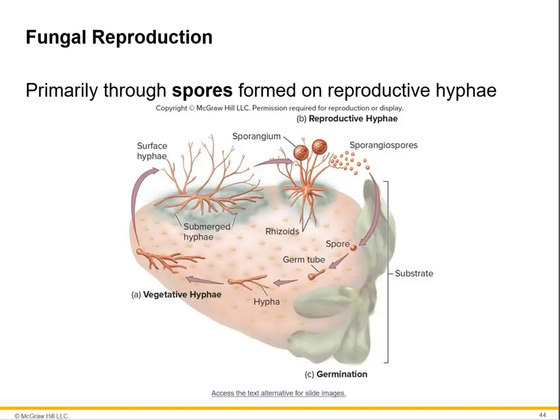Okay, fungal reproduction. Just to simplify, it's really complicated. But you can look at it kind of as one of two things. It's either going to be asexual, like the yeast cells do, or it's going to be sexual. Primarily, it's going to be through spores on reproductive hyphae. So primarily, it's going to be sexual reproduction.